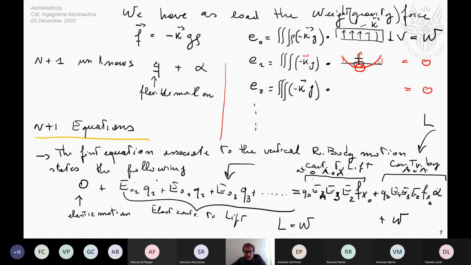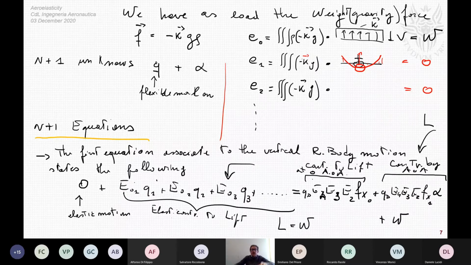Okay. So here we have a set of generalized variables, and the first one is given by the weight, but all the other ones are zero. And so we have n+1 equations and n+1 unknowns, because we have n Lagrangian variables plus the angle of attack to be suitably determined in the trimming condition.